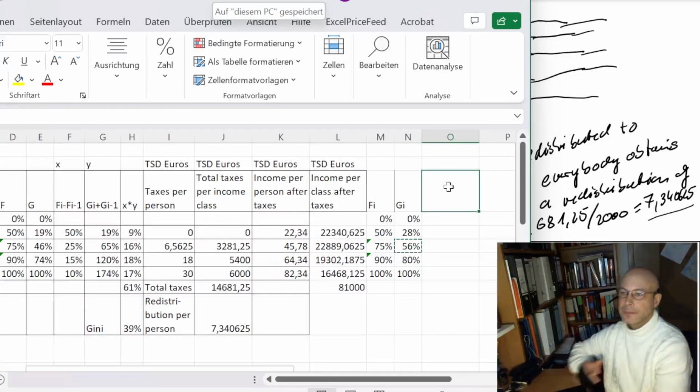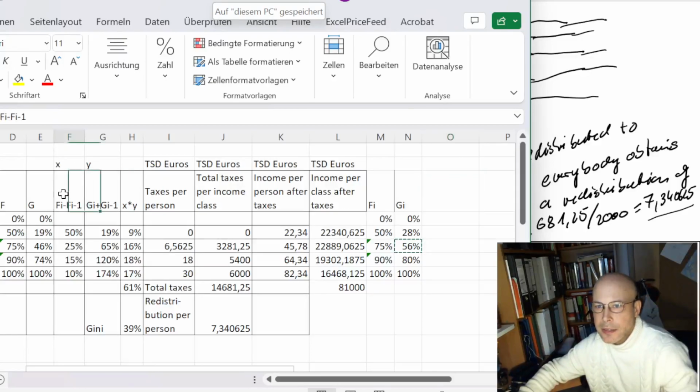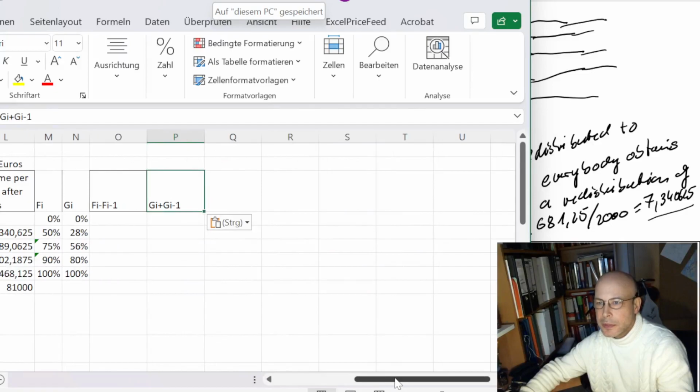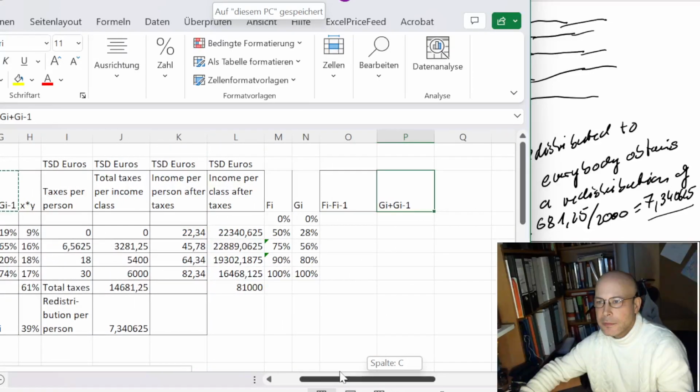And then we want to calculate the Gini coefficient. So we can take this one here, put it here, and I think you know that we also need this one here. Oops, a bit too far.